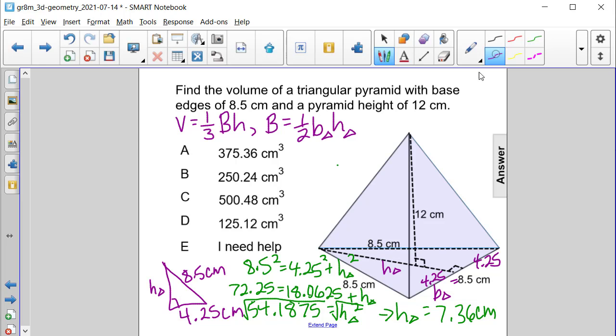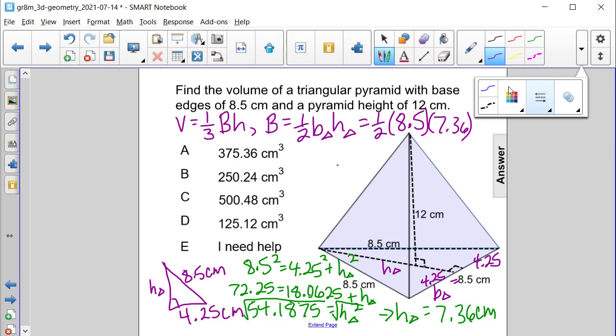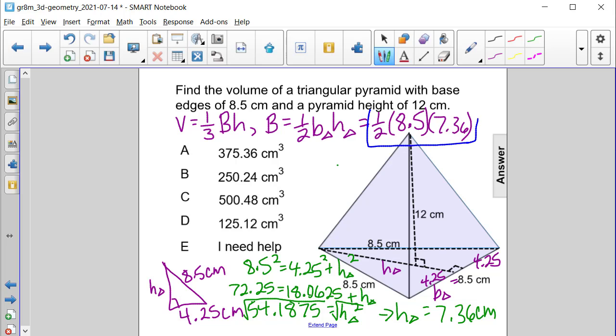So now let's go back, and we can write the area of our base as 1/2 times 8.5 times 7 36/100. That's the area of our base. And we can take this entire set of numbers and substitute it in for capital B of our volume formula.